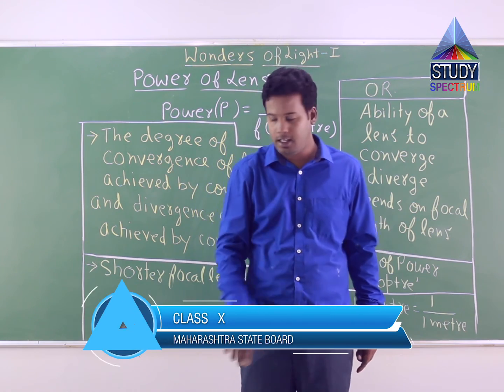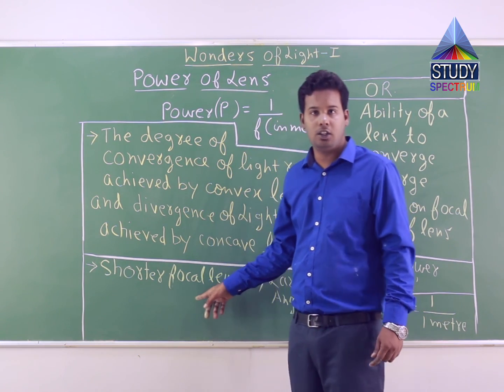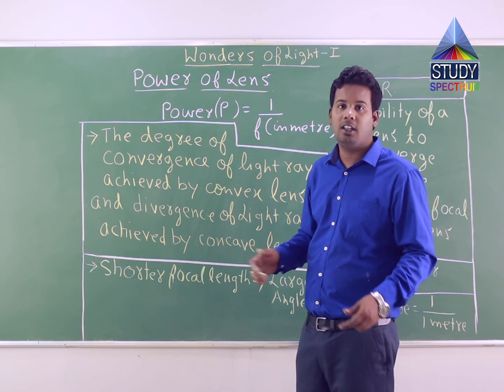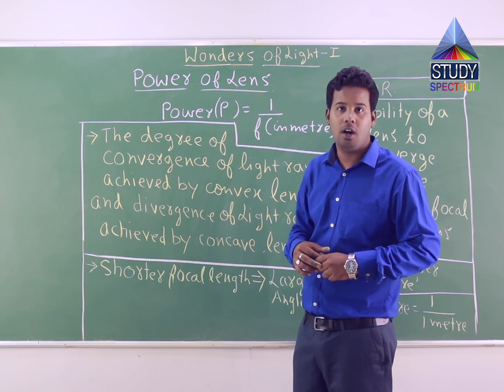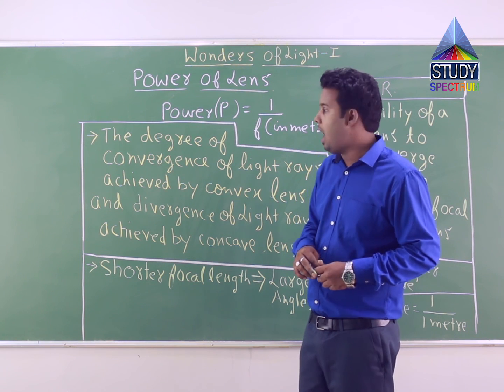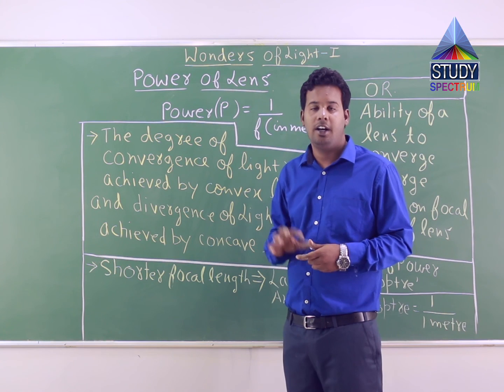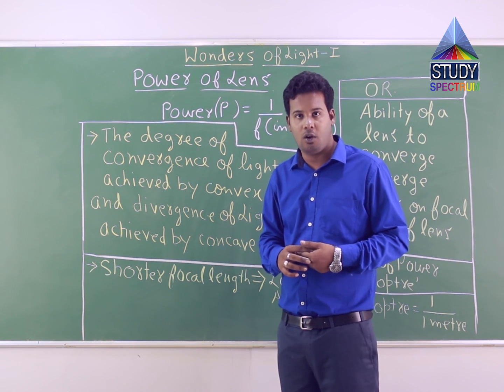But in both the cases, if the value of focal length is short, then larger angles will be produced, and we can say the power of lens is huge or higher. So actually power of a lens depends on the focal length of the lens. Doesn't matter whether it is a convex lens or concave lens.